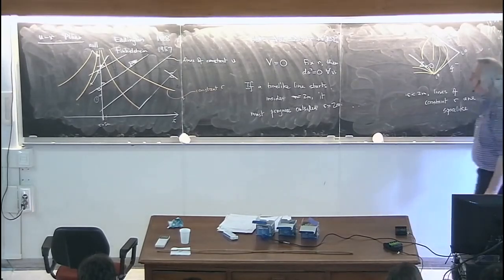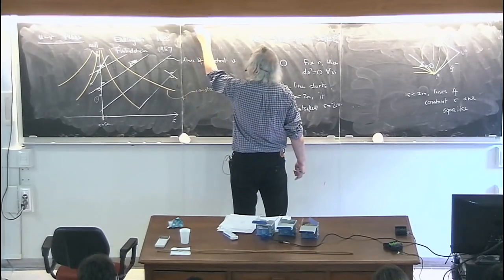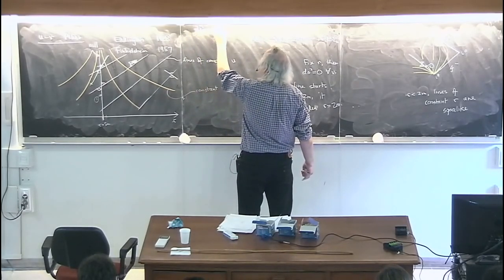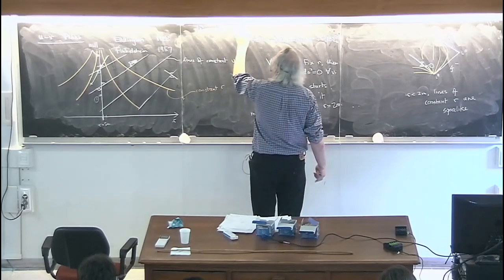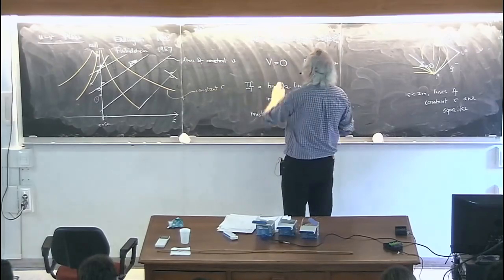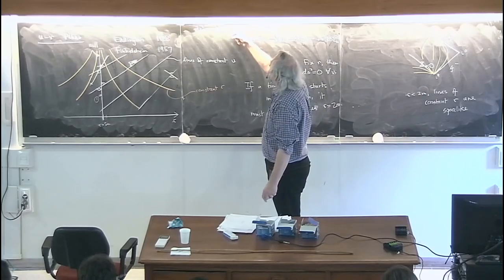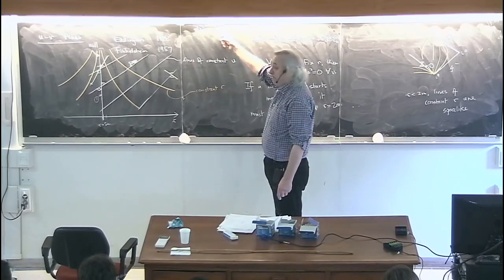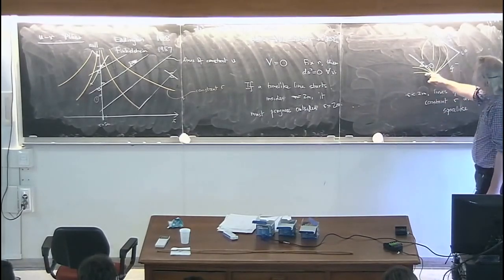This has come about because if you thought about the original metric, which is minus v dt squared plus dr squared over v plus r squared d omega squared, then at r equals 2m, v changes sign, so that tells you that this has become a time-like direction, and this has become a space-like direction. So yes, indeed, these things turn over.